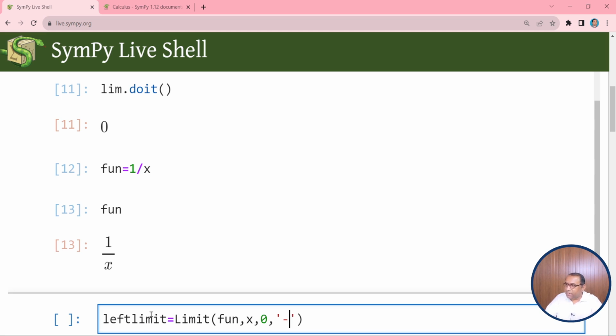This is used for the left limit. Okay, then enter.